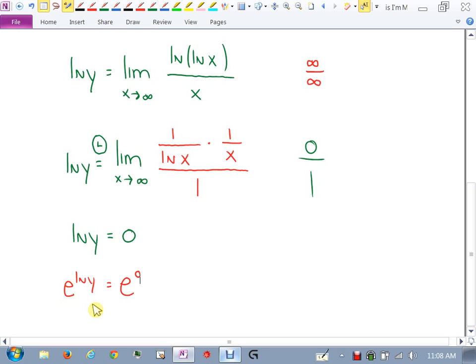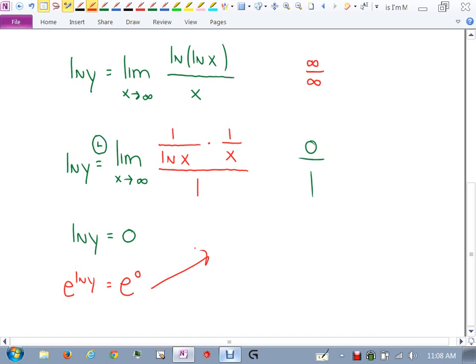It's just using inverse properties. I don't want to get too technical. It's not like multiplying both sides of an equation by 2, because you're not multiplying both sides by e. You're taking e on both sides. It's a different operation, so let's not get too caught up in it right now.